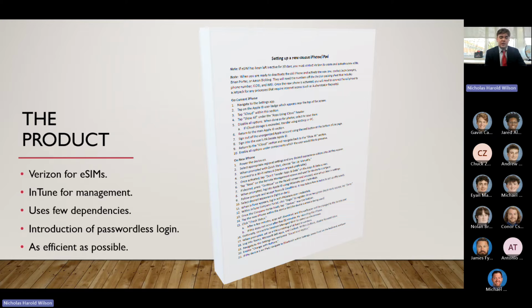And lastly, as I was getting at as well, I tried to make the process as efficient as possible. We tried to simplify every component of it. And if you look at the guide itself, you can see it's very self-explanatory. There's nothing super complex about it, but that was one of the key things, because in the Senate and in the public sector especially, you don't really have many disruptors.